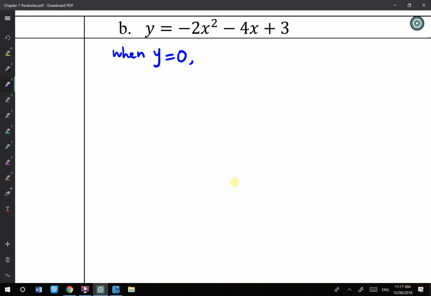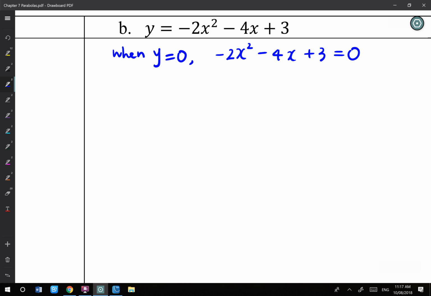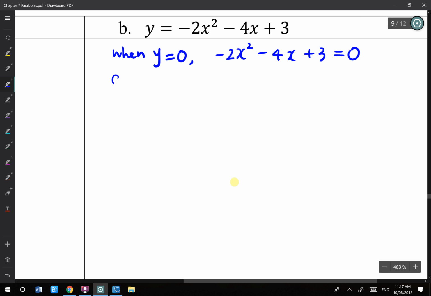I just need to make y equals to 0. So what I have is this. Okay, that's what we have. So what I know is a equals -2, b equals -4, and c equals 3.